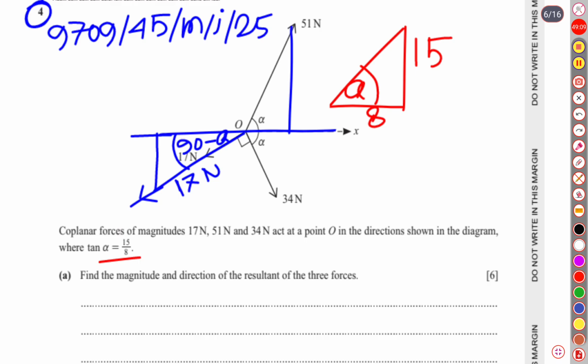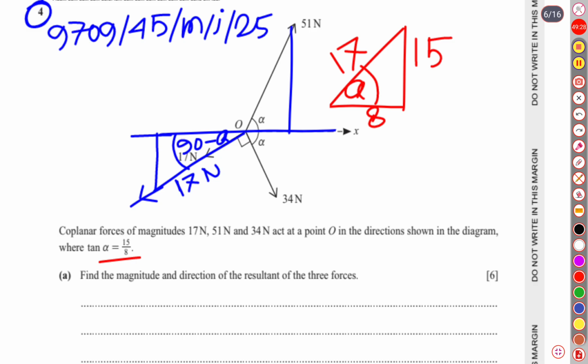So our hypotenuse is going to be the square root of 15 squared plus 8 squared, that is 17 squared. So it is 17.